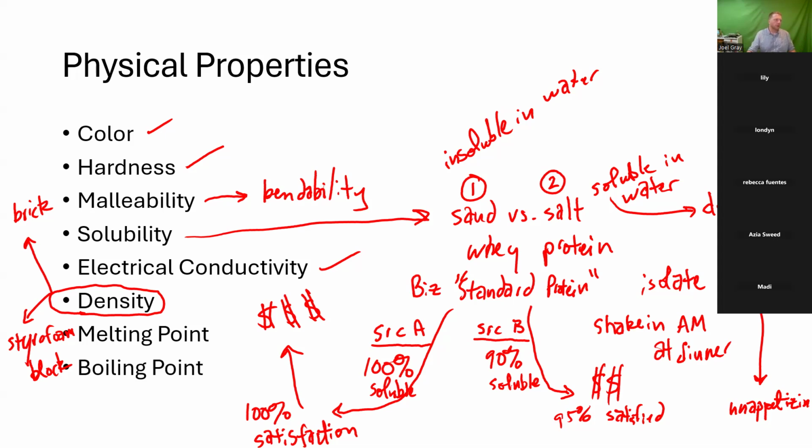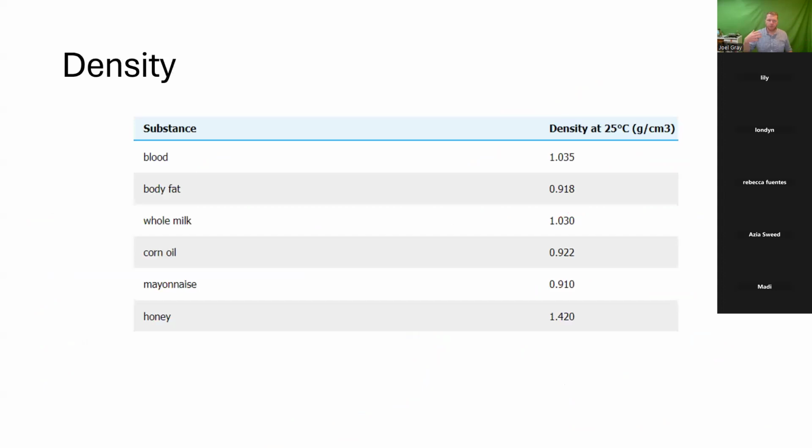Okay. Now, in addition to that, physical properties like these listed here can be quantified. Quantification is basically assigning a number to it. These are all measures of density. Now, blood, body fat, whole milk, corn oil, mayonnaise, and honey all have densities very close to one.